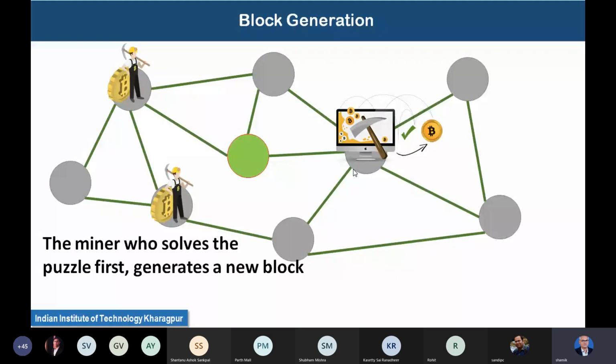Virtual byte is the size of the transaction, and 1 satoshi is 10 raised to the power minus 8 Bitcoin, so it's like 10 nano Bitcoin. So the miner might have chosen those 100 transactions which are likely to give it more satoshis per virtual byte.